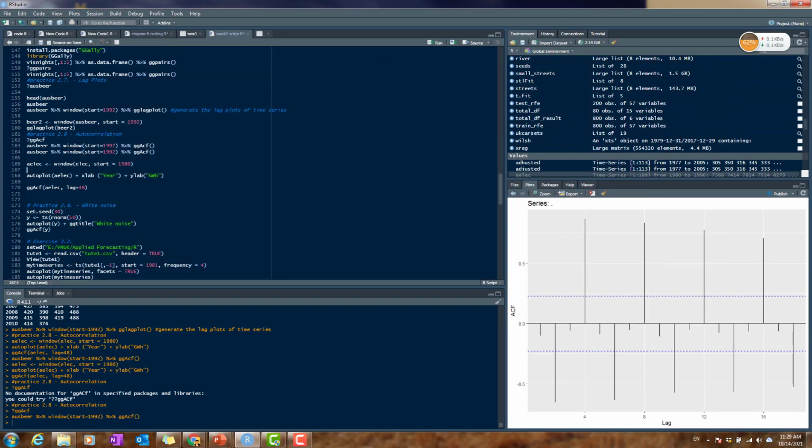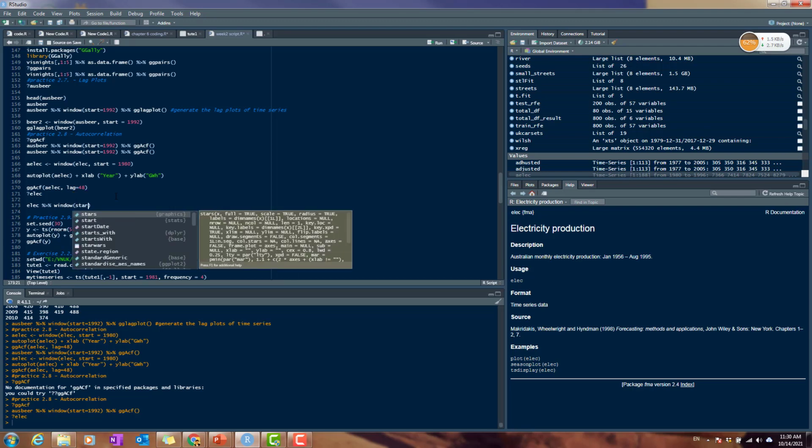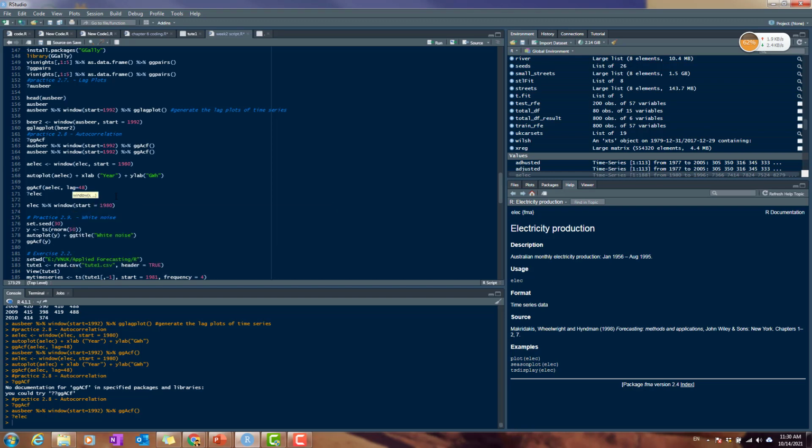Let's check another one. I will do it one more time with electricity production of Australia, monthly from January 1956 to 1995. Because the data is quite long, I will select it starting from 1980 using the window function.